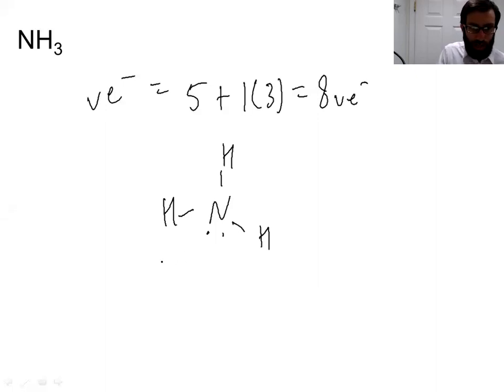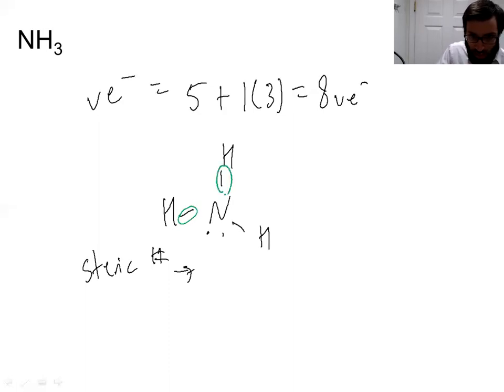What is our steric number? Steric number is, remember, the number of bonding sites. So we have here 1 bonding site, 2 bonding sites, 3 bonding sites, plus the number of lone pairs, and we have 1 lone pair. So that's going to give us a steric number of 4.